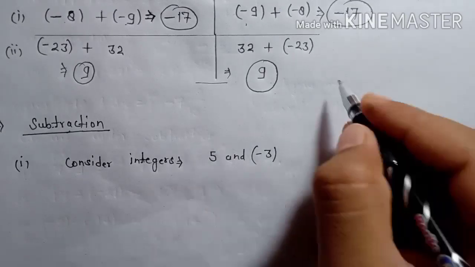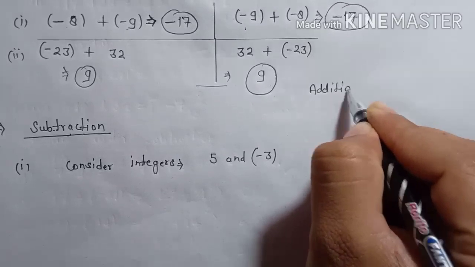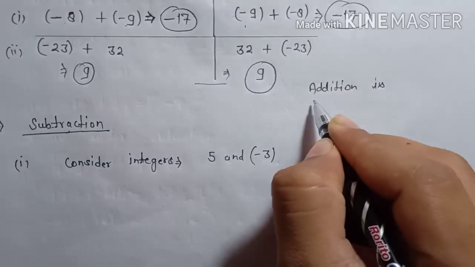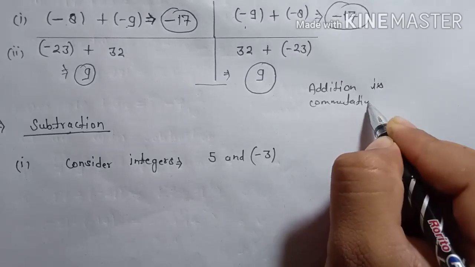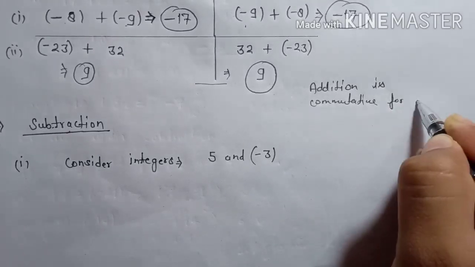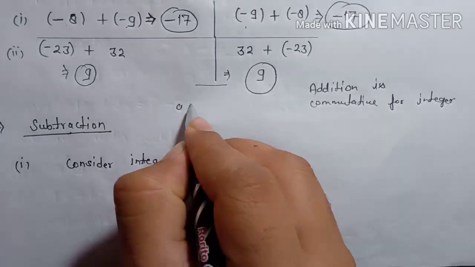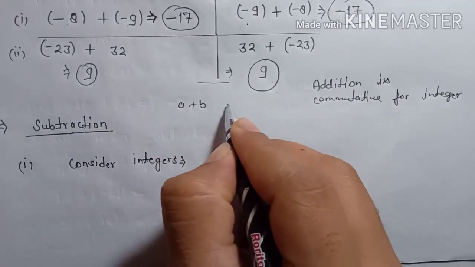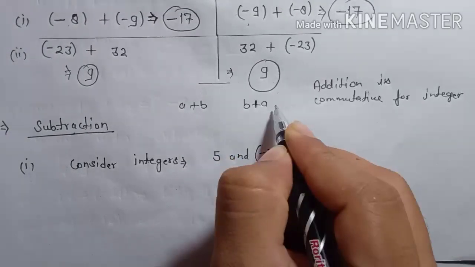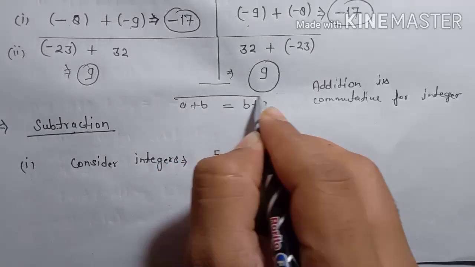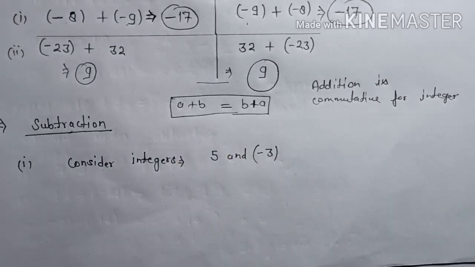So we can write addition is commutative for integers. Means if you add a then b, or add b then a, the result is the same in both conditions if a and b are integers.